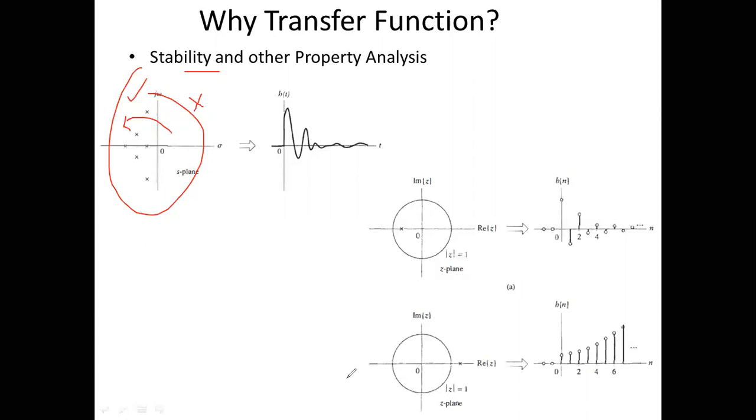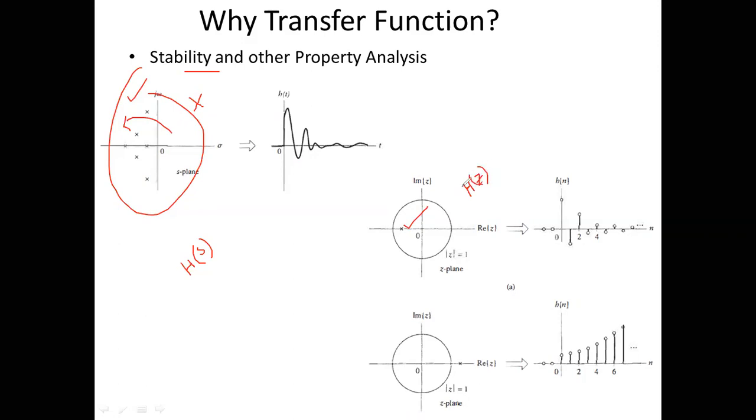Similarly for the Z transform, if you happen to know the transfer function, you can identify the poles. In Laplace also, if you have H of s, only then can you identify the poles. Similarly in a discrete system, if you know H of z, then you can identify the poles.